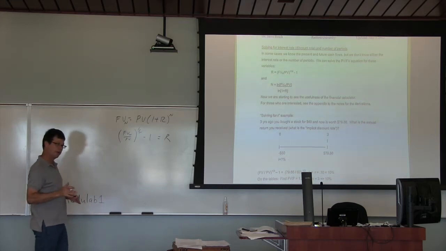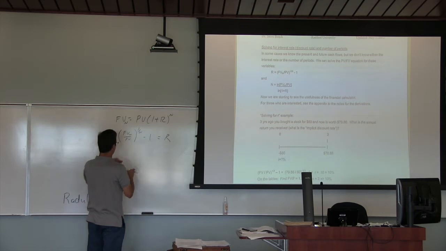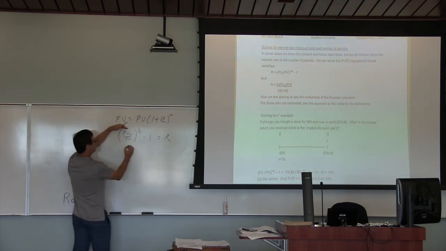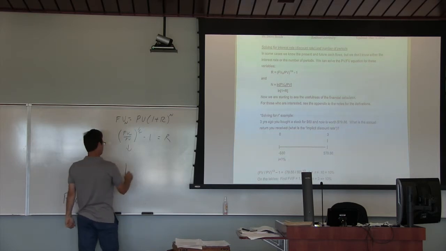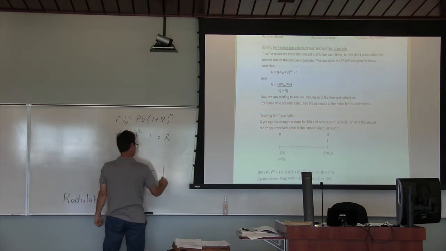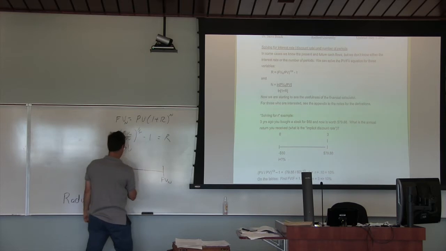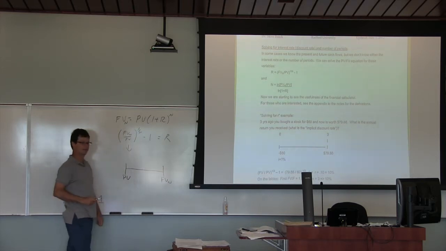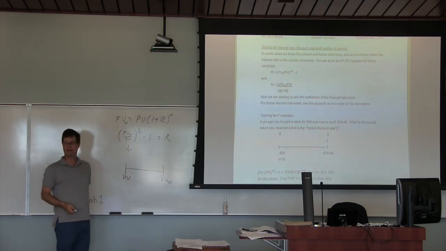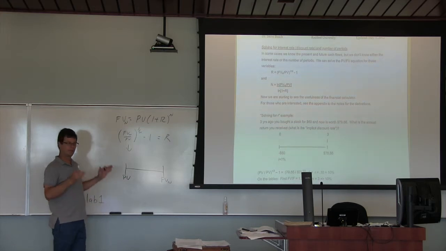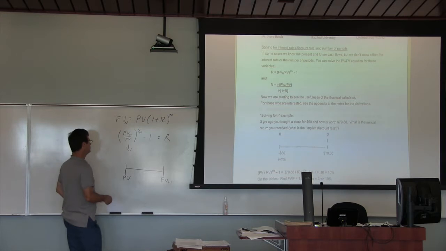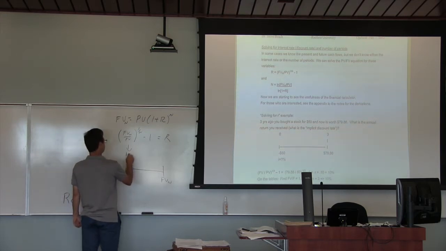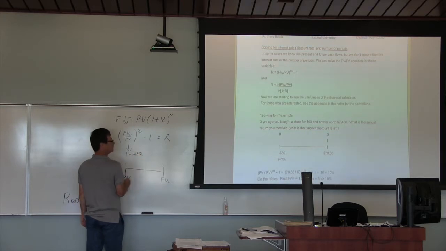A couple things we want to think about when you're doing this is the following. This number right here, you're taking the ending number on the timeline, dividing it by the beginning number, what you invested. That ratio right there gives you 1 plus your total holding period return.